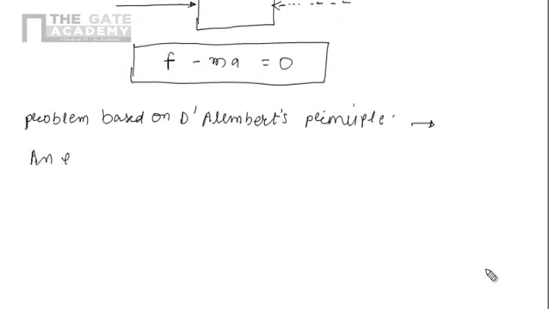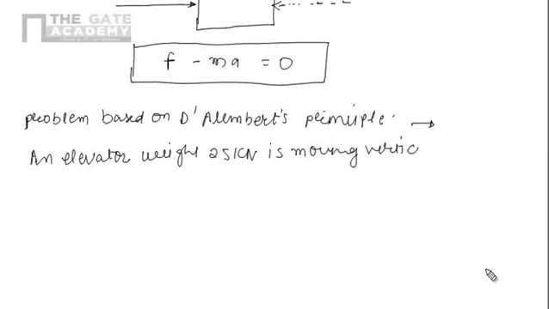An elevator weighing 25 kilonewton is moving vertically downward with a constant acceleration.